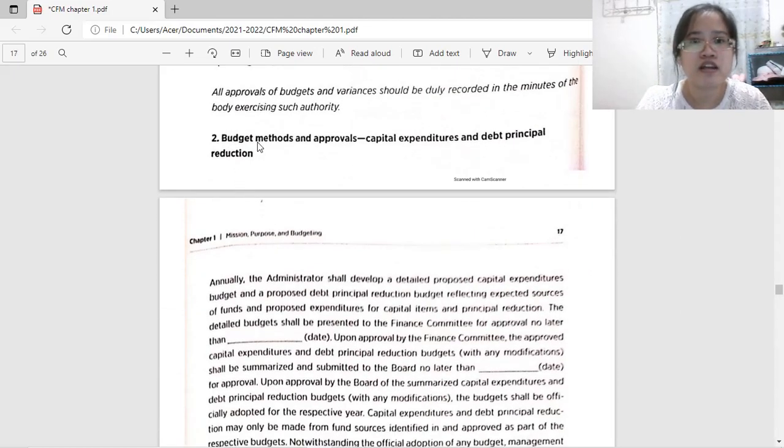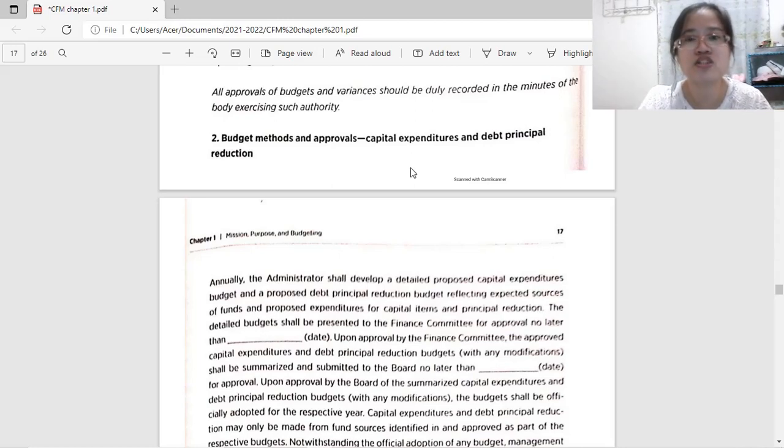Okay, and then included as well: budget methods and approvals, capital expenditures, debt principal reduction. The question is how much should we set aside for capital expenditures? What should we acquire this year? Should we buy a new vehicle, or should we focus on building classrooms, or should we buy additional computers or whatever equipment?